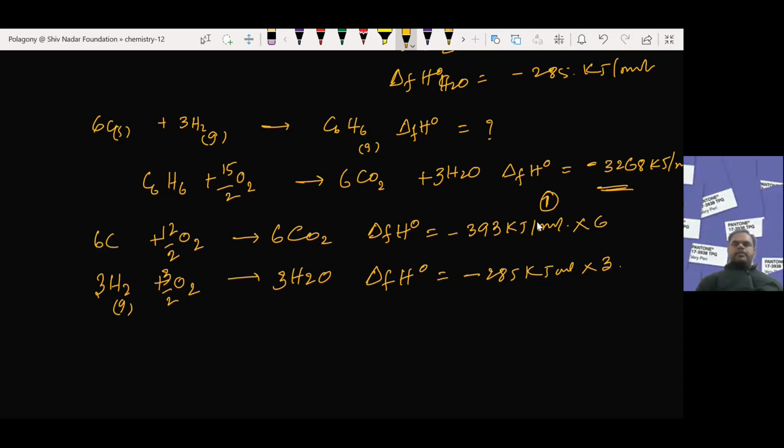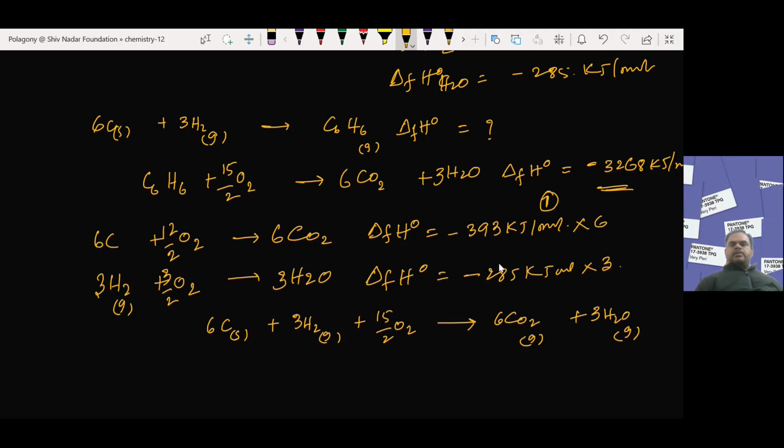Now the next equation I would like to derive is that 6 moles of carbon graphite combined with 3 moles of hydrogen gas, consuming 15 by 2 moles of oxygen, produces 6 moles of CO2 gas plus 3 moles of water.